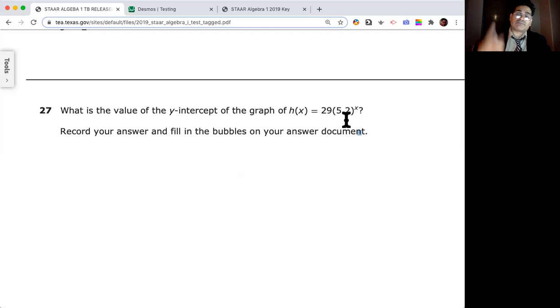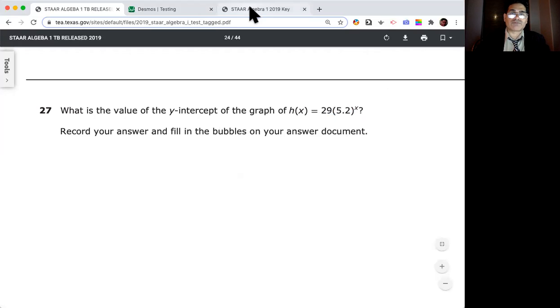It's a toss-up. Let's see a few more of these, but it's probably 29, or 29 multiplied by 5.2, not multiplied out. It's one of those two. Let's just move on with it.